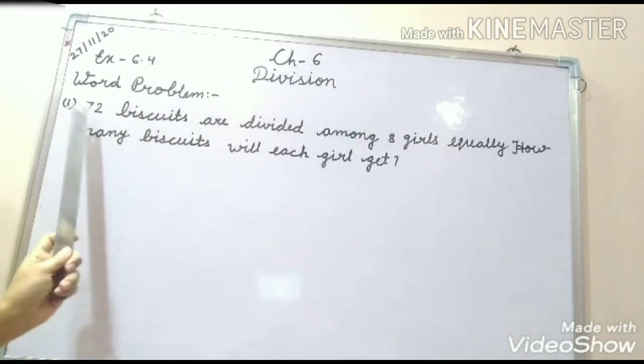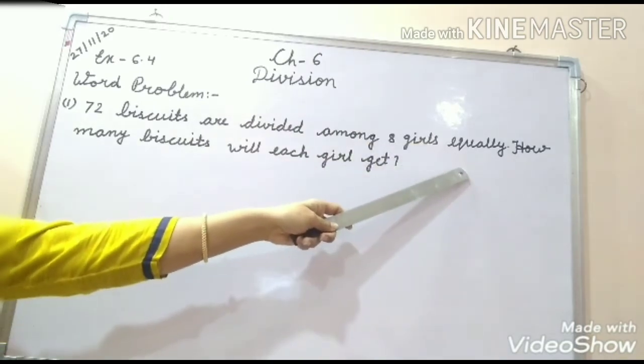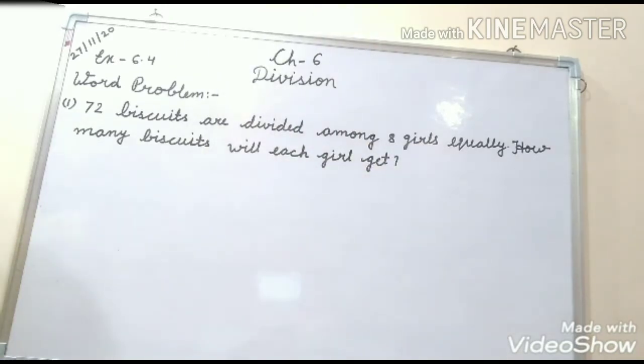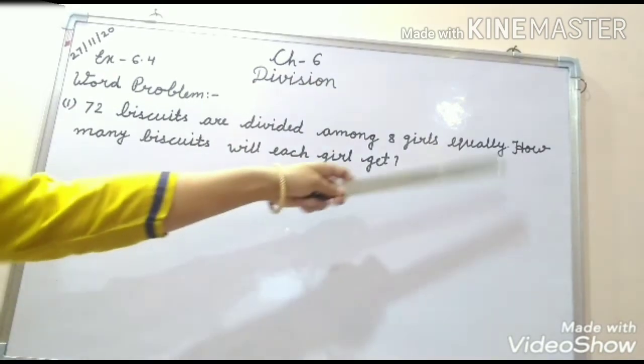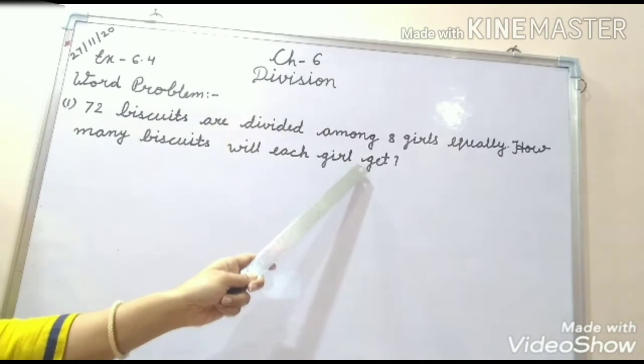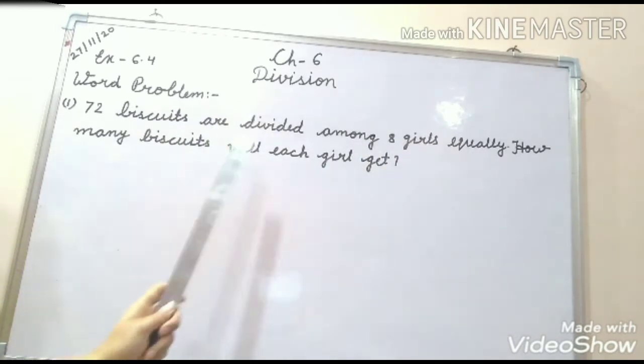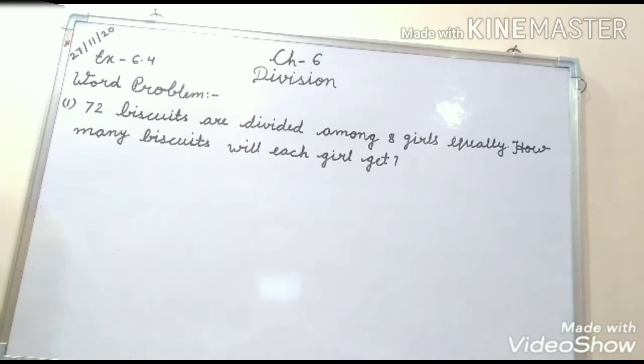We have to divide 72 biscuits among 8 girls equally. Now, the second part of the question is how many biscuits will each girl get? One girl will get how many biscuits? You have to find out.